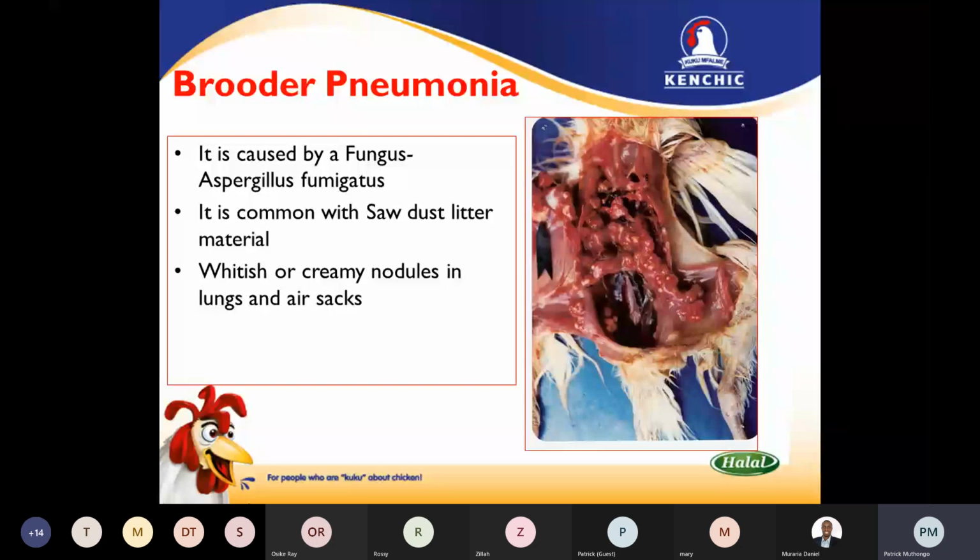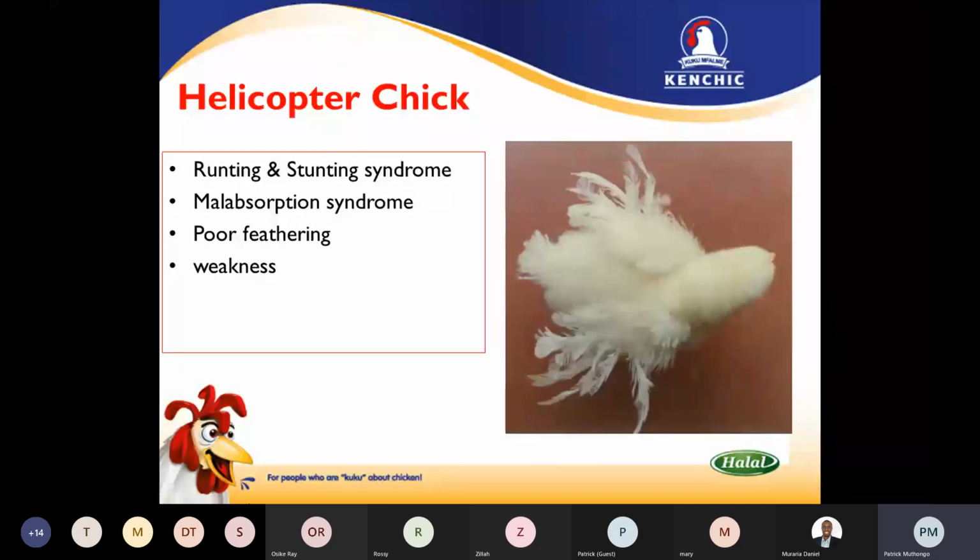Or probably you bought it from a roadside, there's a lot of dust that has come and settled on top of your litter material. You will always observe whitish or creamy nodules in the lungs and the air sacs. So you usually observe a very high chick mortality kwa sababu ya brooder pneumonia.